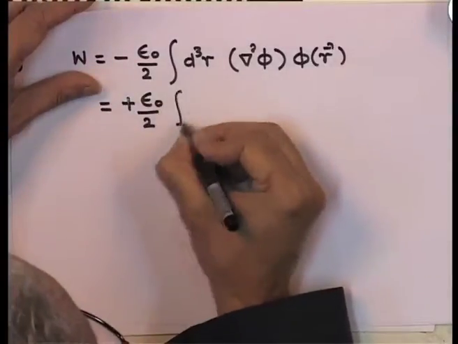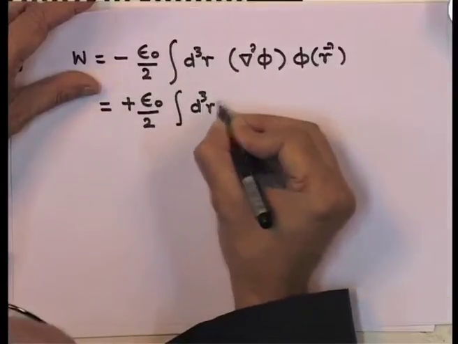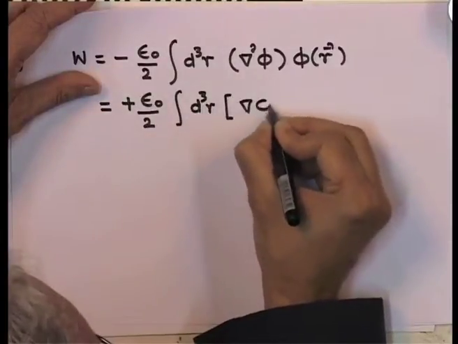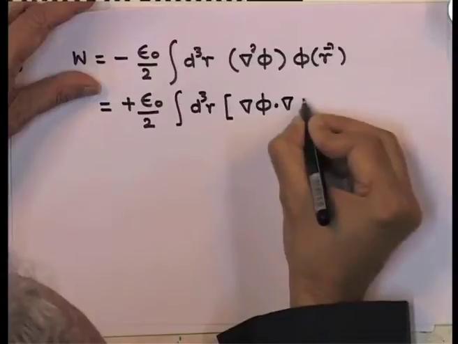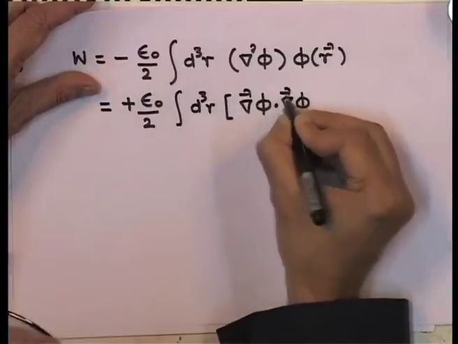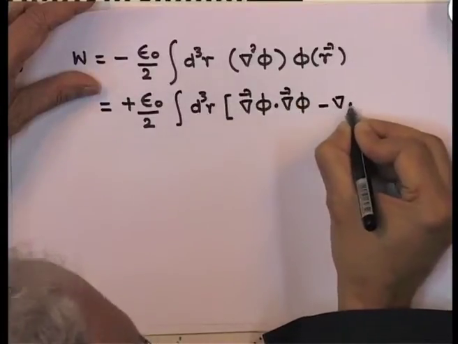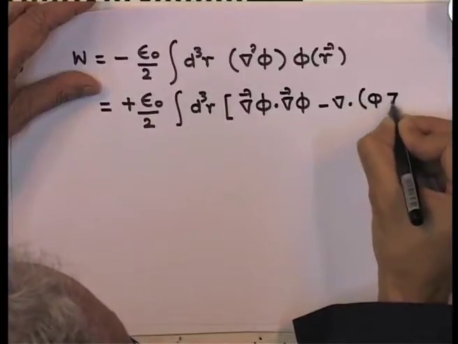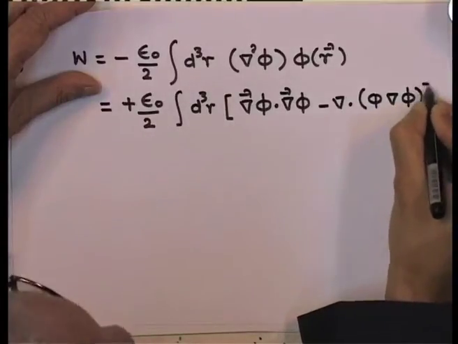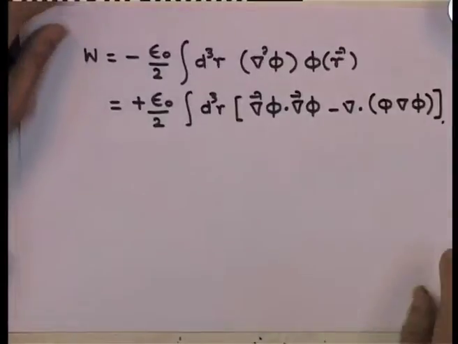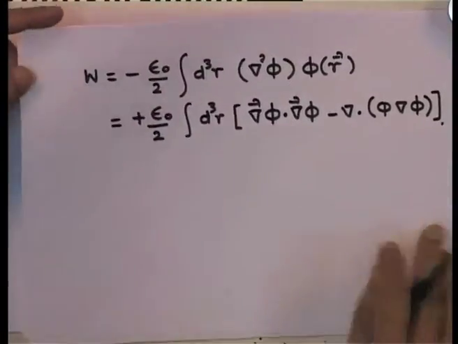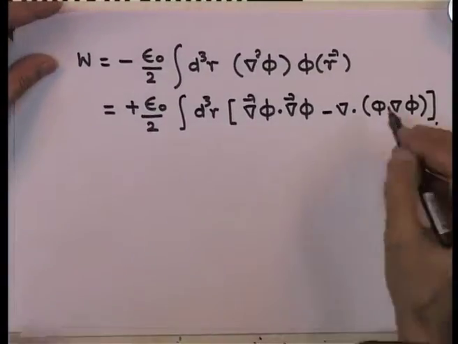So, therefore, this term becomes equal to, I will take the minus sign first, integral dq bar grad phi dot grad phi minus del dot of phi grad phi. Now, notice this term.